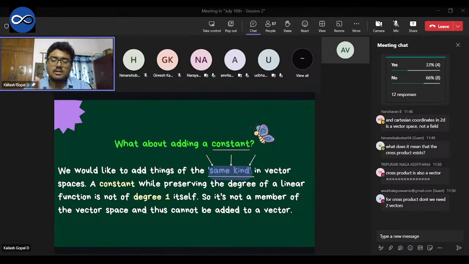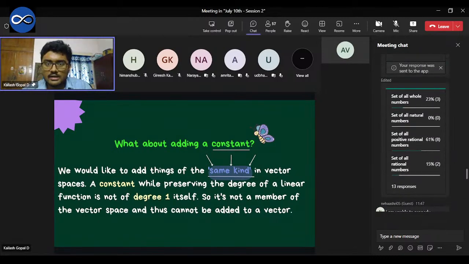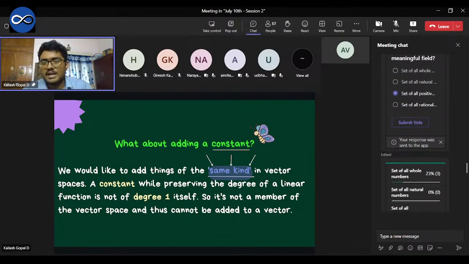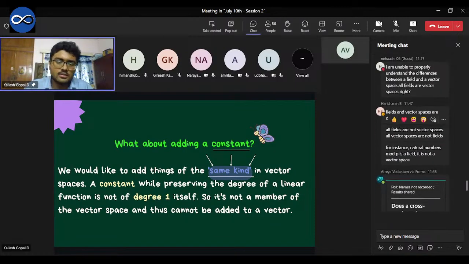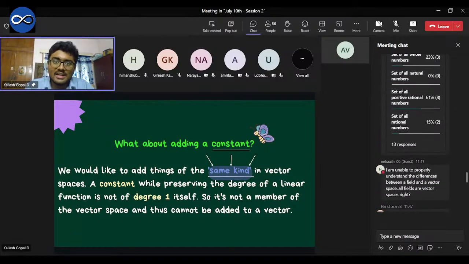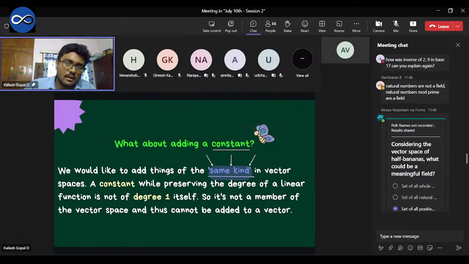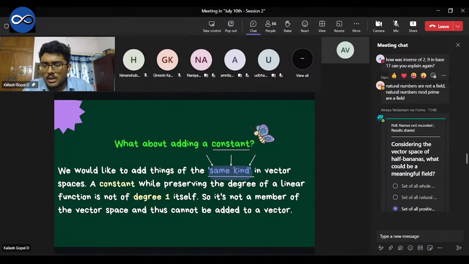Okay. So what about adding a constant? I'm talking in the perspective of the linear function slide. If I have a linear function y equals 2x, is the addition of plus 3, like y equals 2x plus 3, a valid operation?